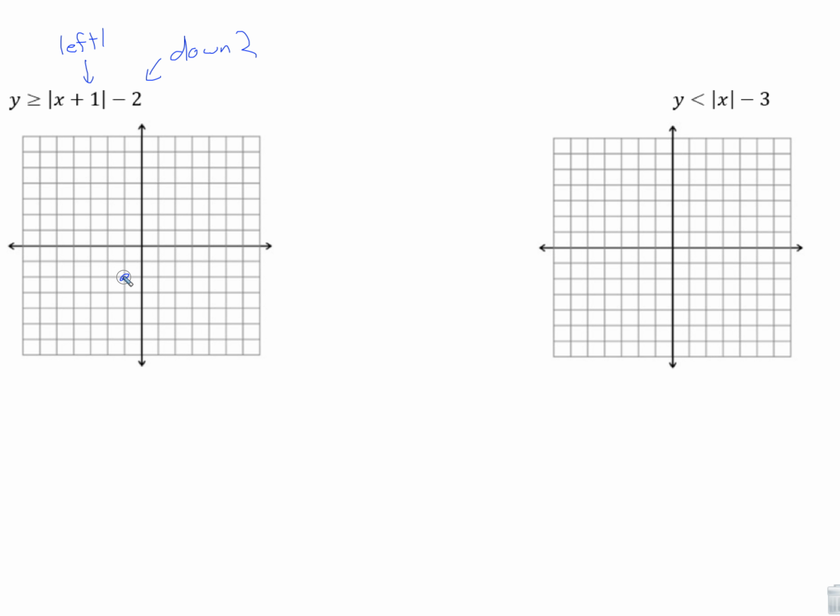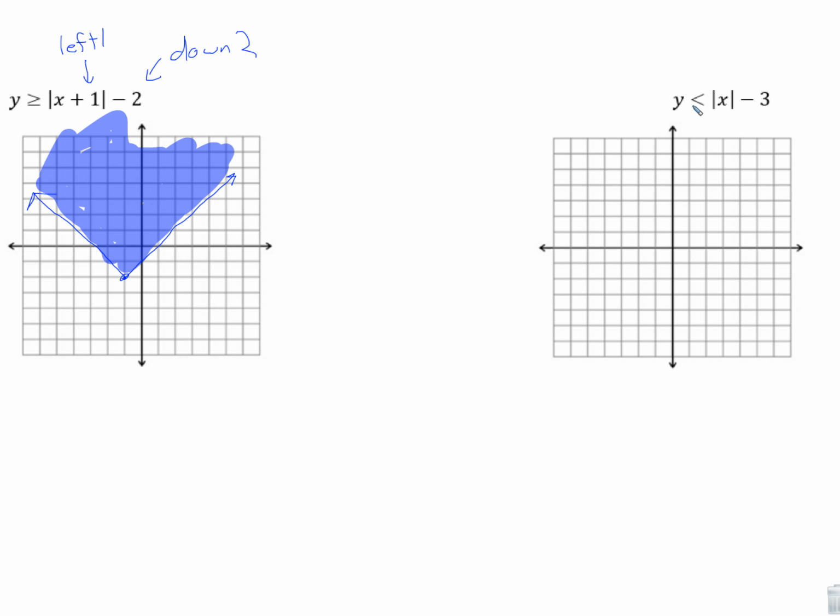And we still have our V shape, so it will come up here. I am using a solid line because it has the or equal to. Are we going to shade above or below our graph? Well, that's a greater than or equal to, so we're going to be shading above. So it's going to be everything up here. So all the points on the absolute value graph and above it will make this inequality true.